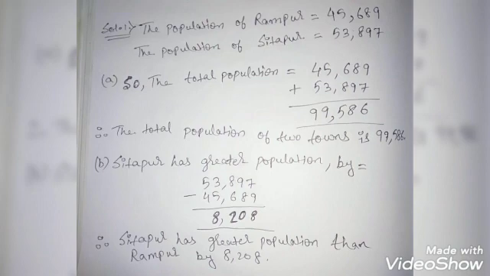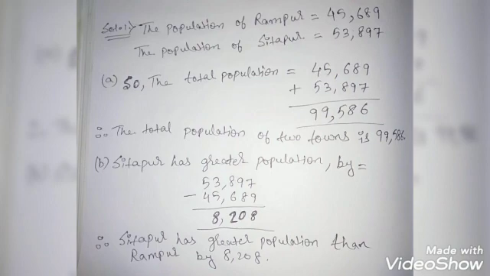According to the question, the population of Rampur and Sitapur is already given. So in the first two sentences we will write the same that we are getting from the question. The population of Rampur is equal to 45,689. Second line, the population of Sitapur is 53,897.